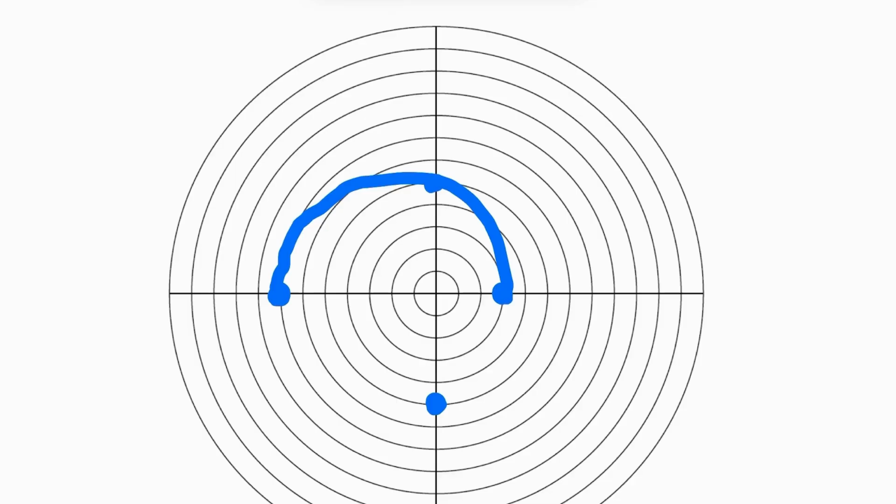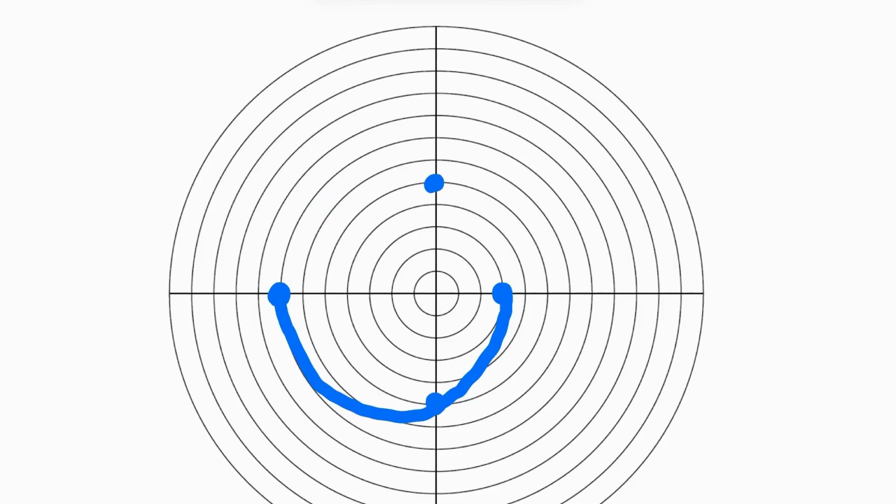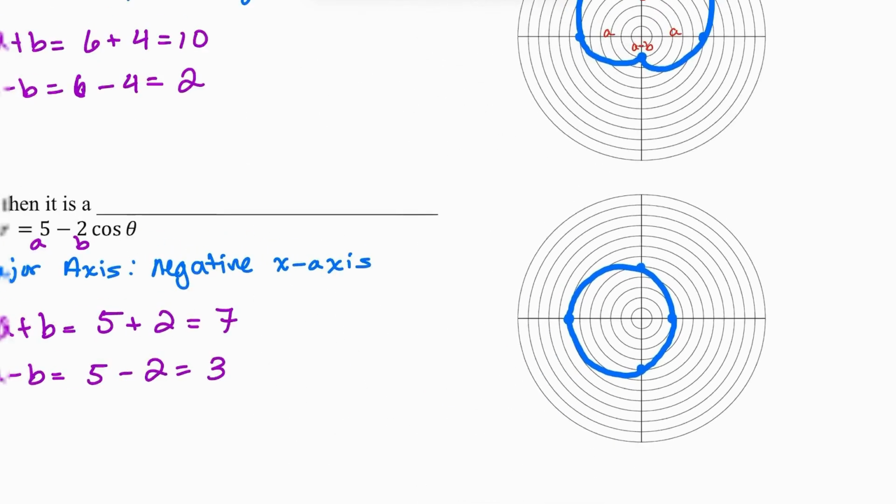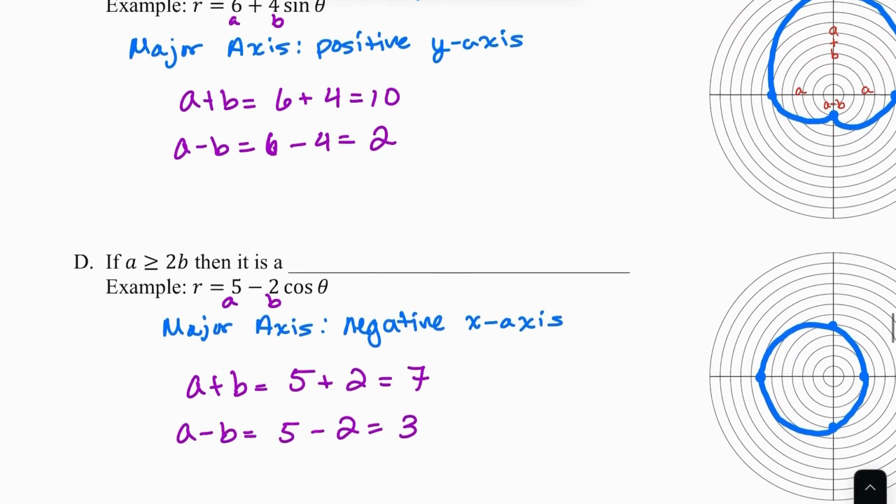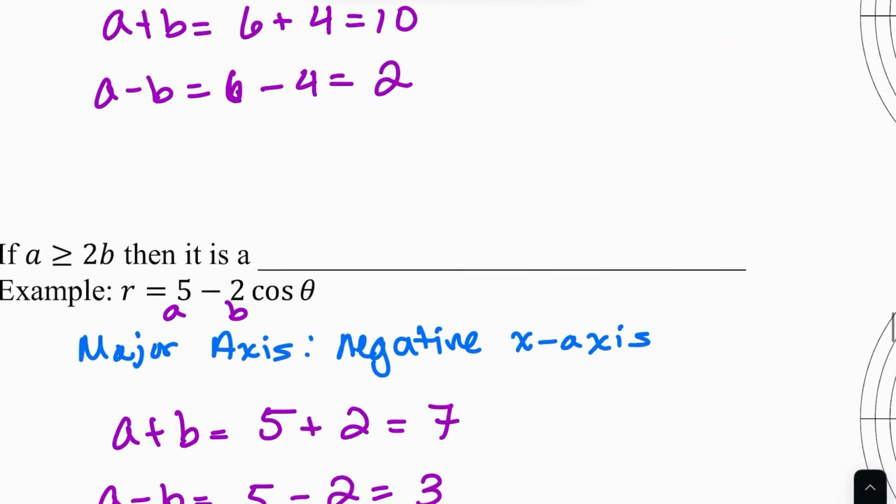The way that I usually like to talk about this in class is I want you to imagine a heart-shaped balloon. That heart-shaped balloon, the more you blow it up, eventually ends up not looking like a heart anymore. That part that makes it a heart becomes more and more popped out. So this is the one that we call a convex limaçon.